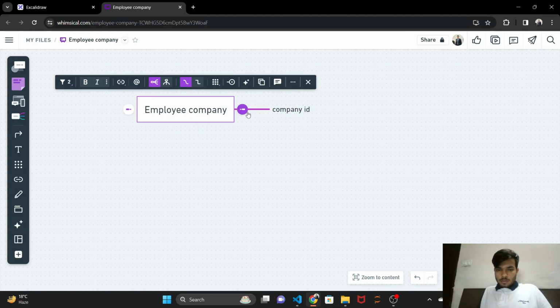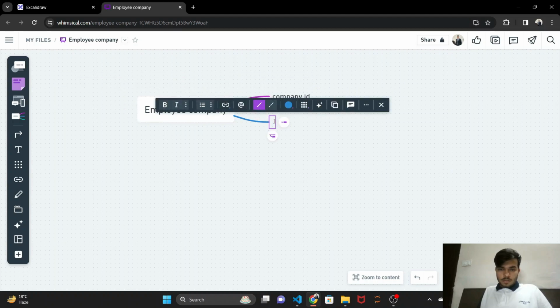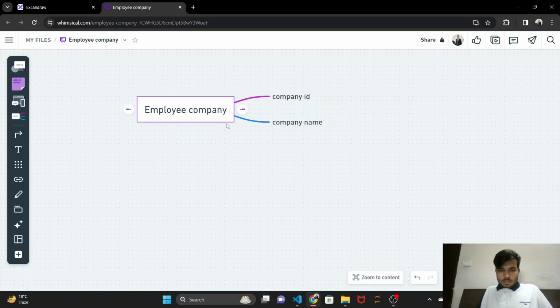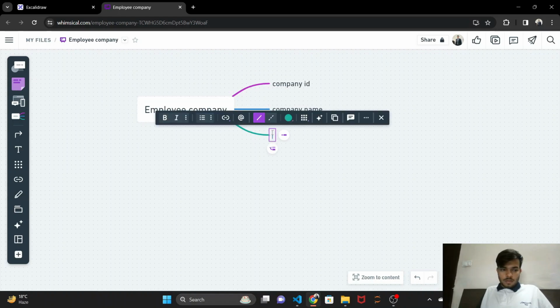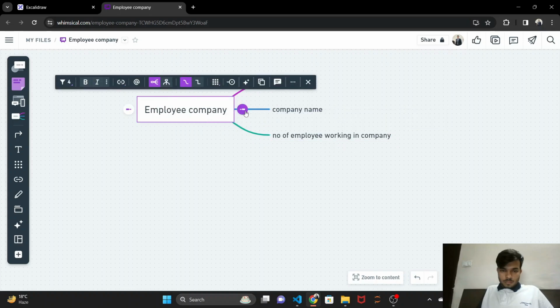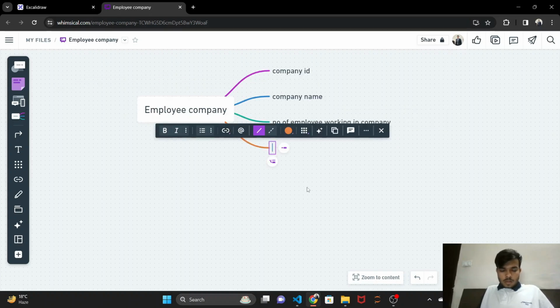So now another attribute can be company name, and another attribute, number of employees working in company, and another thing can be address of company.